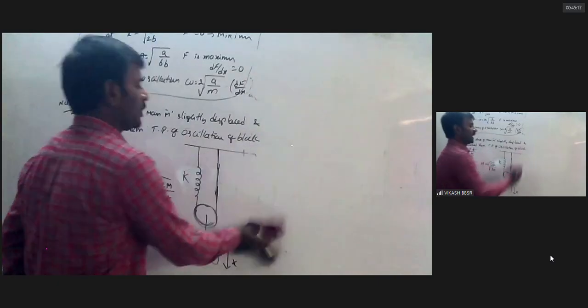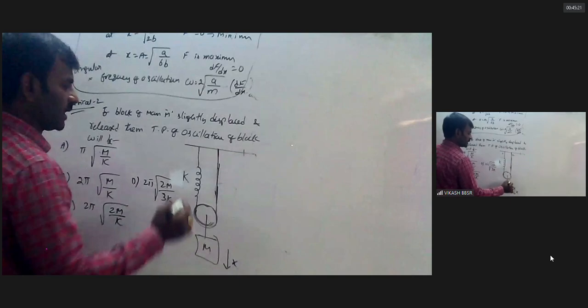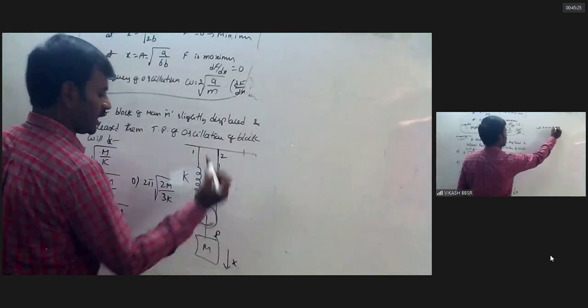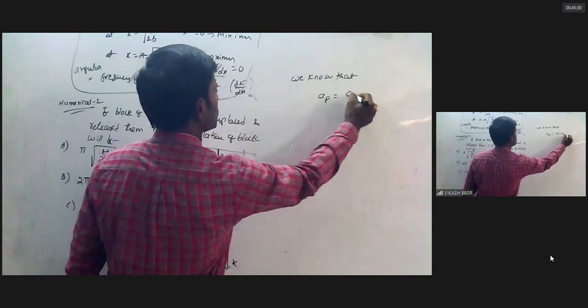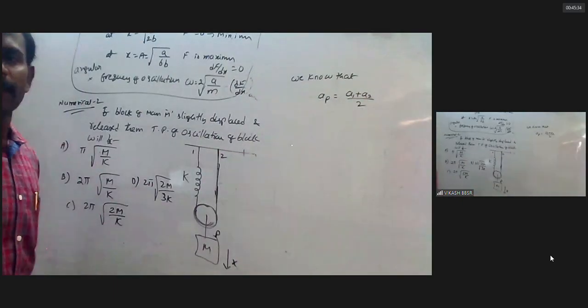I give you the numbers. You see, 1, 2. This is the pulley. The formula we know: AP equals A1 plus A2 by 2.